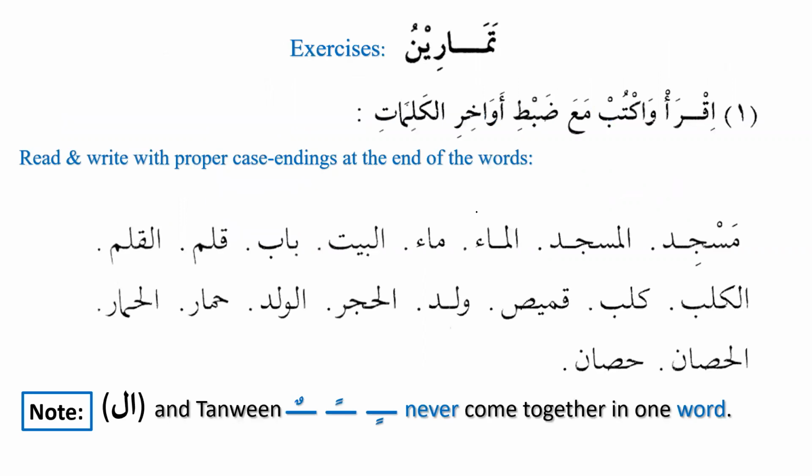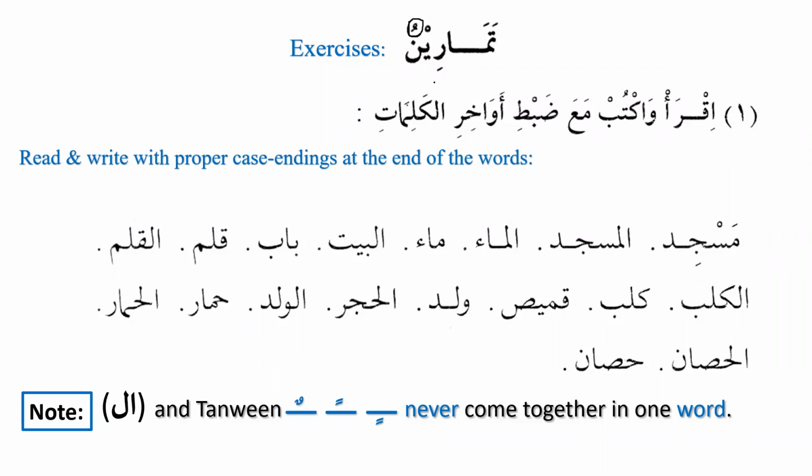Tamarinu, exercises. Tamarinun is singular and the plural is tamarinu. And now you should notice over here that it is not tamarinun, it is tamarinu. So it does not have tanween. So when a noun does not have tanween, what should come to your mind? That it is partially flexible. Partially flexible nouns do not accept tanween, like Ibrahimu, Ismailu, Ahmadu.